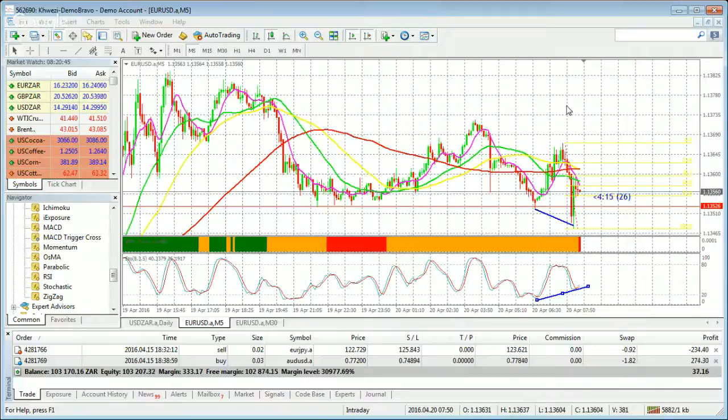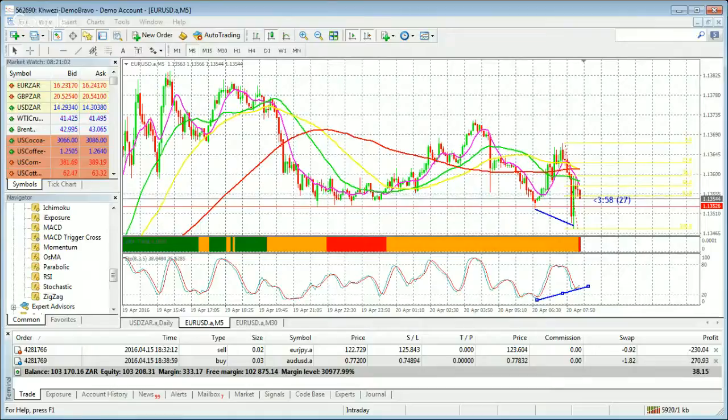You can see they're struggling to move up. Still pushing down.